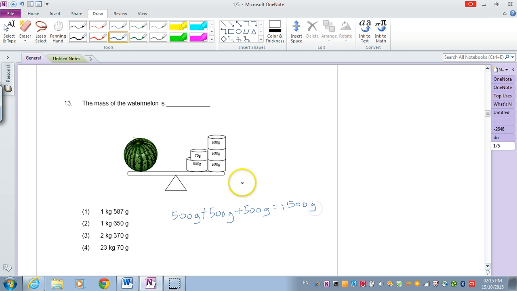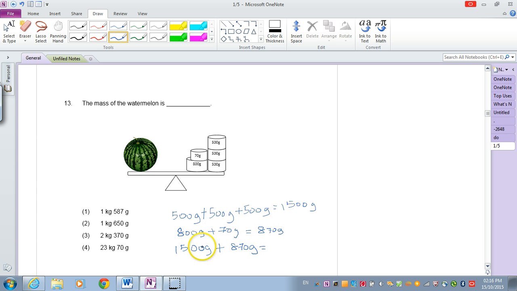Okay, now we also have 800 grams and a 70 gram, which will give us 870 grams. So what is the total mass of all this weight? Okay, so we are going to add them together.